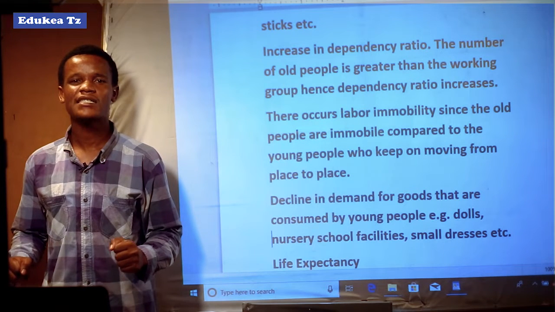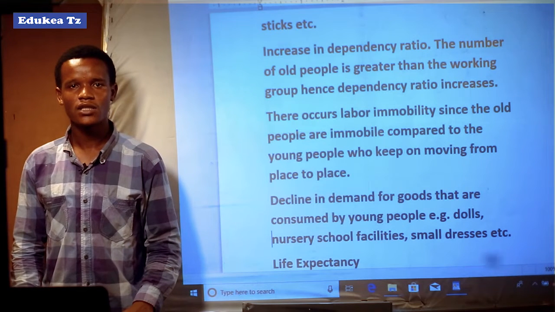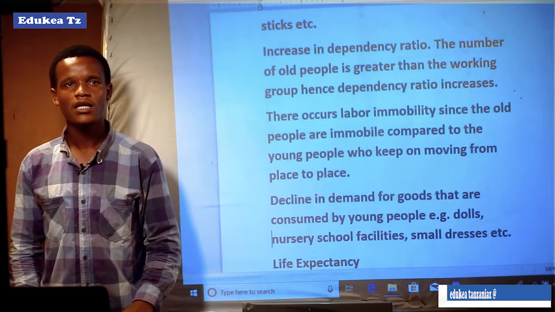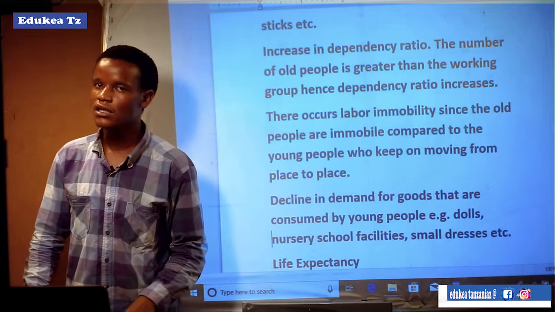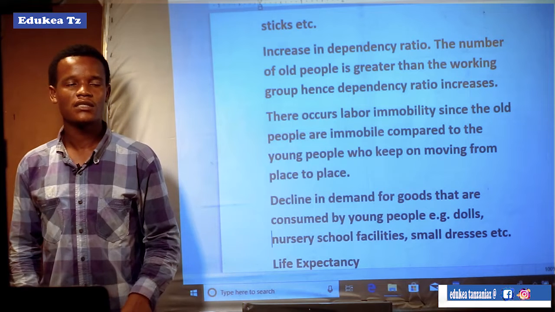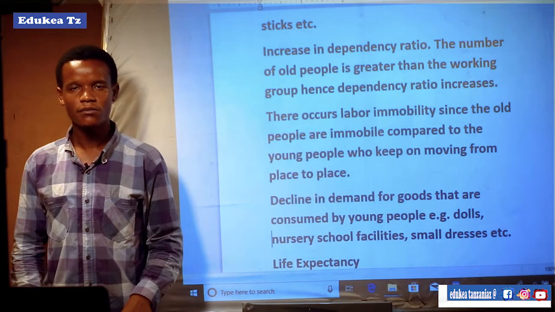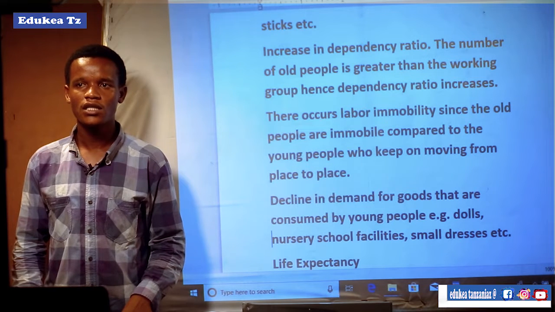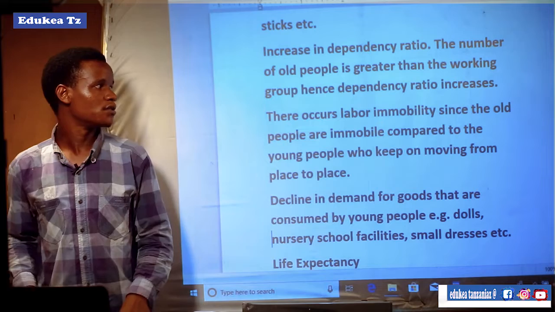For example, they cannot engage in agricultural activities, fishing activities, irrigation activities and so on. So the presence of an aging population can lead to a large number of dependents.